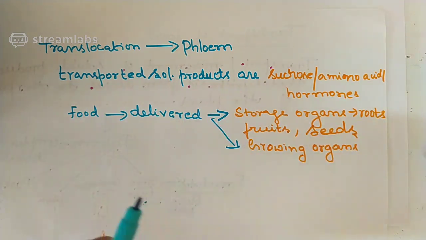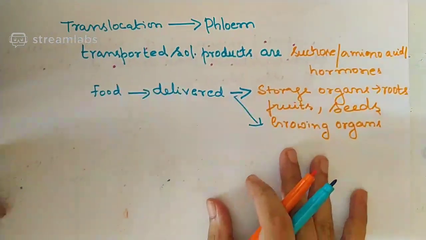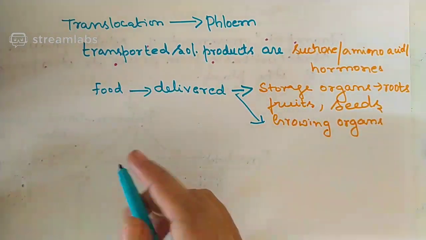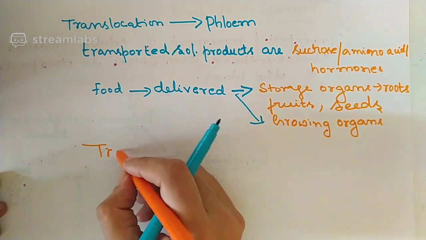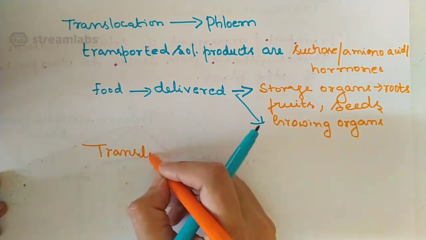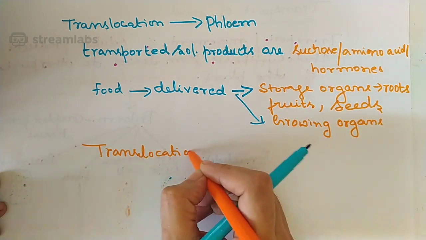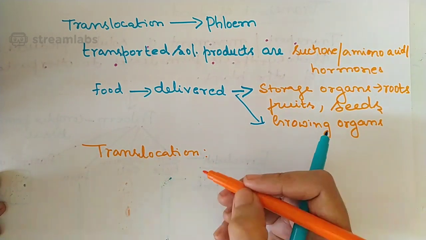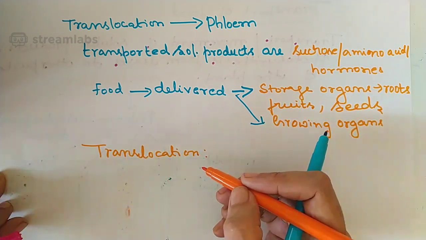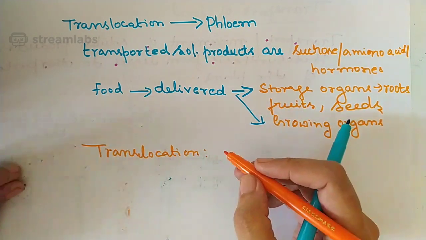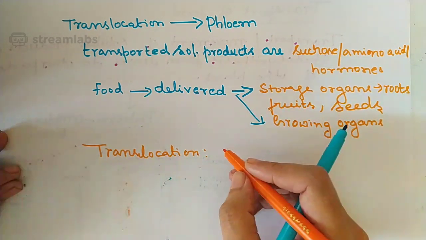And you must remember the translocation. Now you know what translocation is, students. It is the transport or movement of soluble products of photosynthesis from the leaf to other parts of the plant.